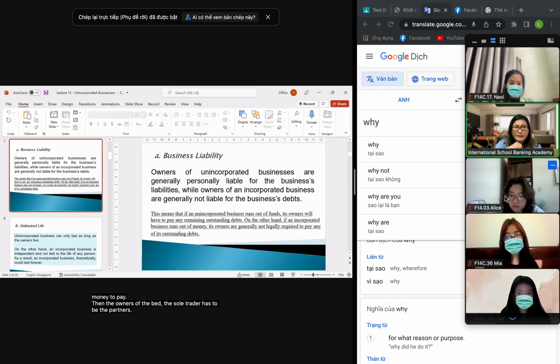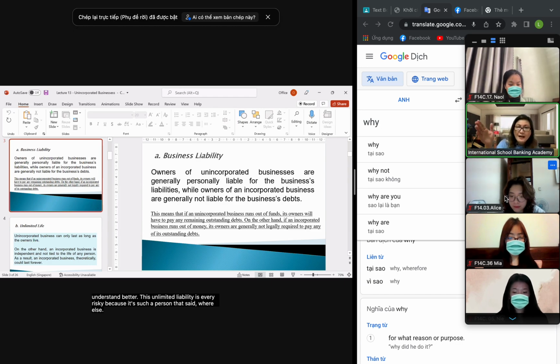The partners have to pay. They personally have to pay, which means the company has no money, they have to use their own personal money. If personally also no money, then how? Also must pay. You sell your house, your car, your furniture, your TV, your aircon, you must still pay the debts. Understand, Ben? That is unlimited liability. It's very risky because it touches your personal assets.